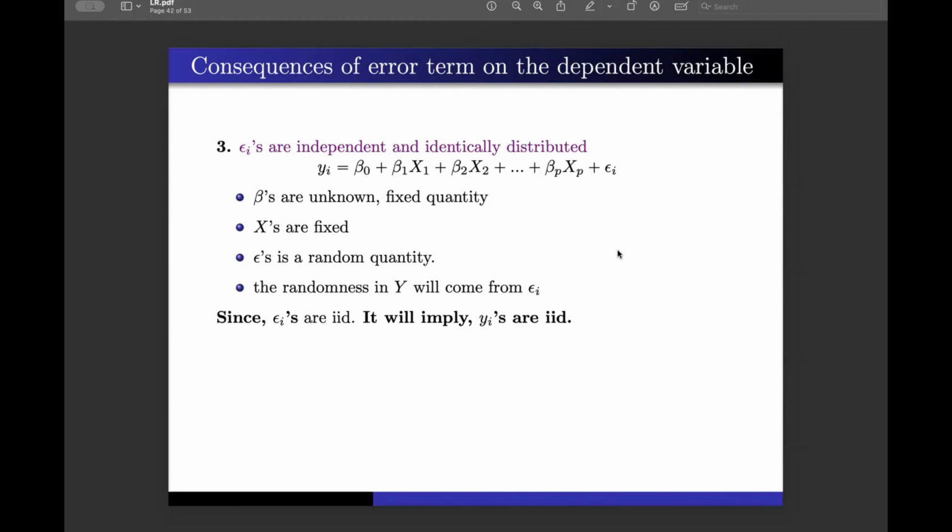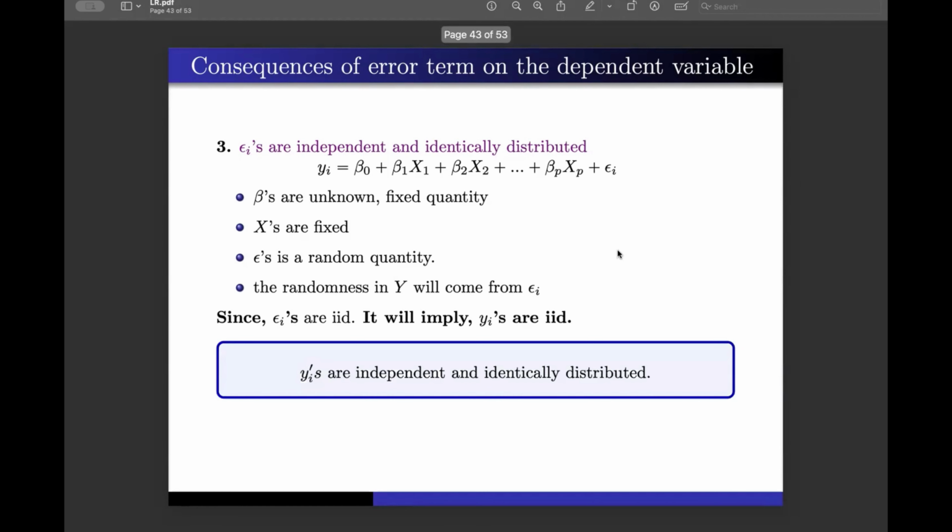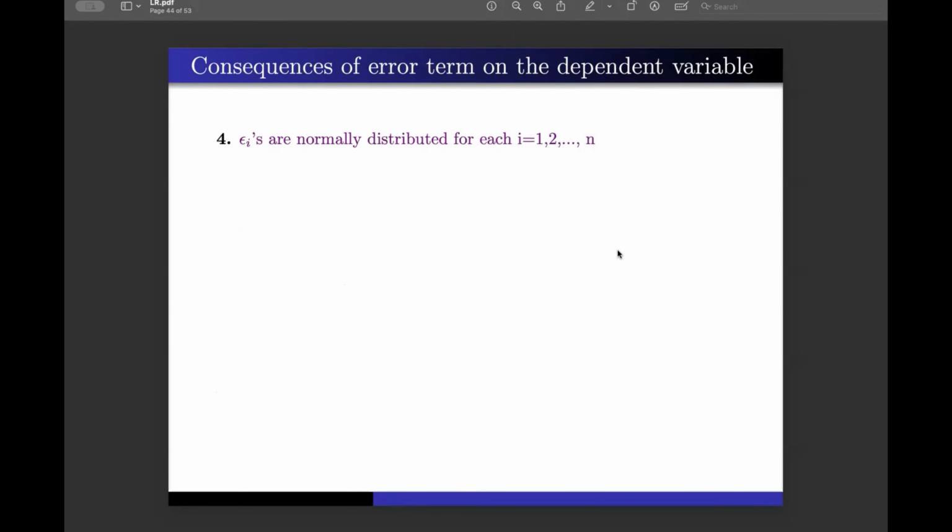The behavior of yi is completely dependent on the behavior of ei because all the other terms present in the model are fixed. And as a consequence of this assumption on the error term, we get that yi's are also independent and identically distributed.